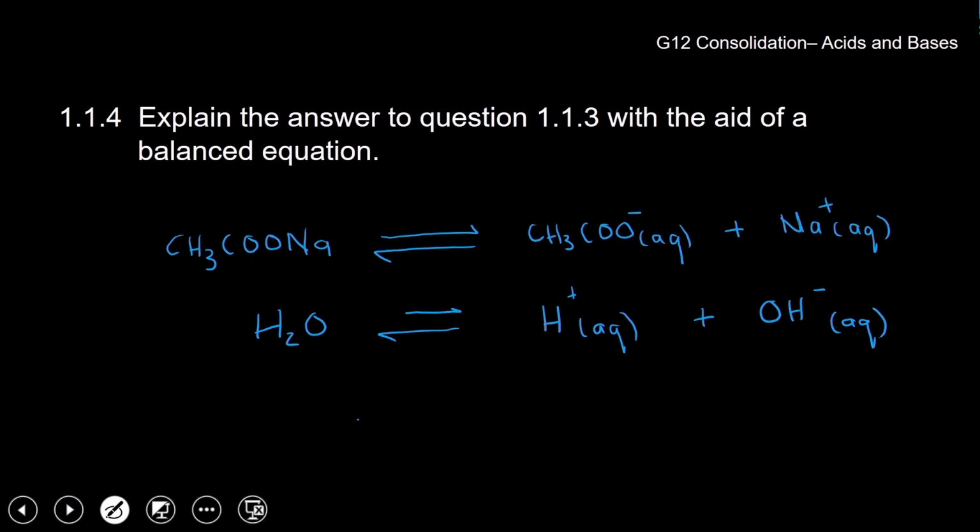Why is this happening? This question, 1.1.4, says, explain the answer to question 1.1.3 with the aid of a balanced equation. So I've written down what's happening in our reaction flask. We have this salt, sodium acetate, that has formed, and it is going to break up into its component ions: the acetate ion and the sodium plus ion.